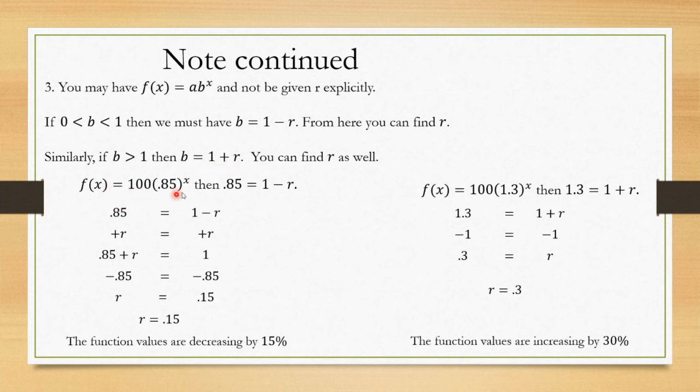For instance, let's suppose this was our exponential function. Notice here the b, what you're raising to the x, the base, is 0.85. Well, that's less than 1. It's an exponential function, but we're going to rewrite this base 0.85 as 1 minus r.